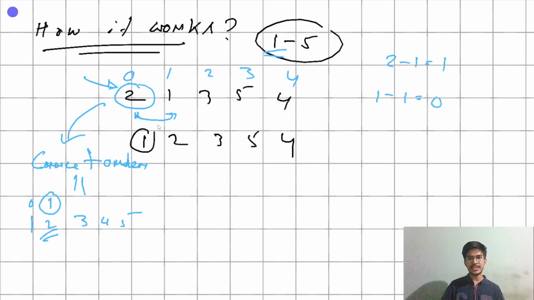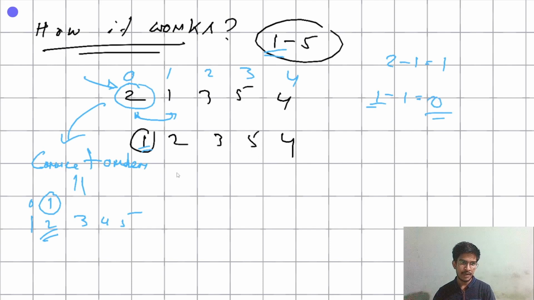When we get this condition, where we take the value minus 1 and check that index, if that index contains the same value, then we go to the next index.